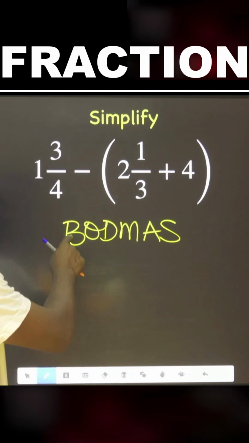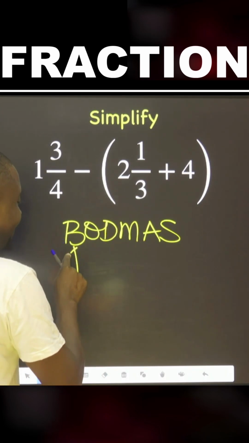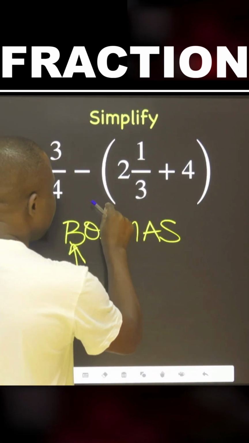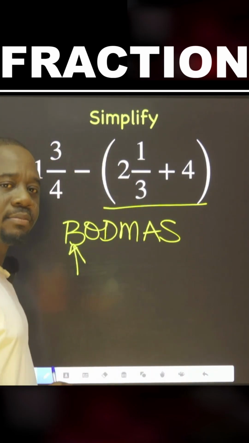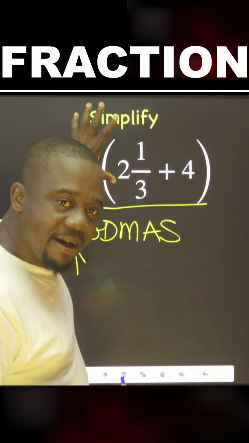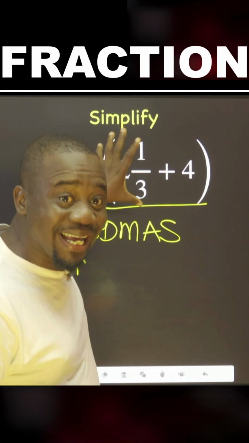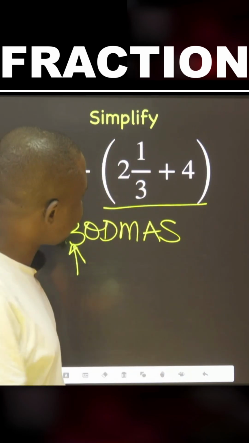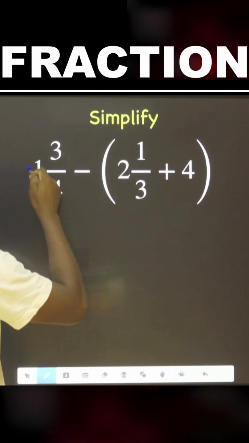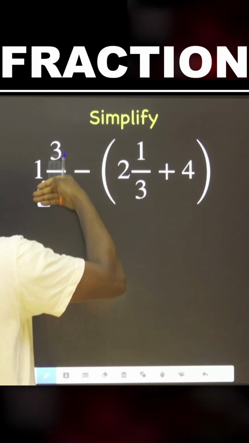As you can see, this is bracket. Bracket is the first thing that comes first. It means we have to concentrate inside this bracket. That is the first thing we need to do. We must put our eyes inside this bracket. So it means our work will be, first of all, here. This multiplied by this is 4, plus this is 7.